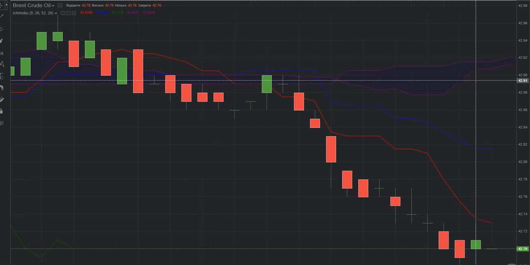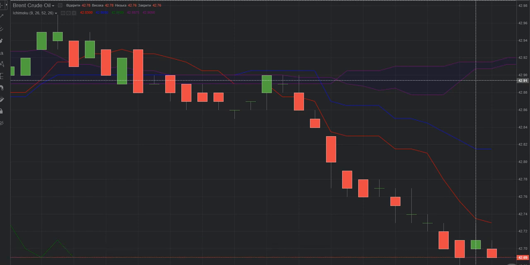Because the cloud is shifted forward 26 periods, it also provides a glimpse of the future support or resistance. If it's thick, then the support or resistance is strong, depending on the position of the price in relation to the cloud. By contrast, if it is thin, the support and resistance levels are weak.